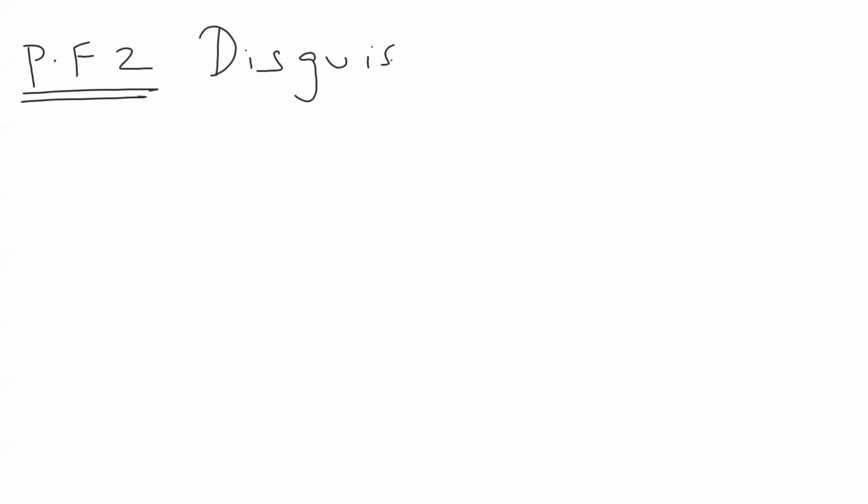So guys, we are starting with partial fraction type 2. This particular type is disguised linear factors. Okay. When I take up one problem, that time it will be more clear.